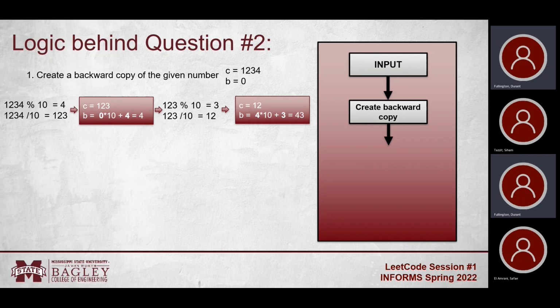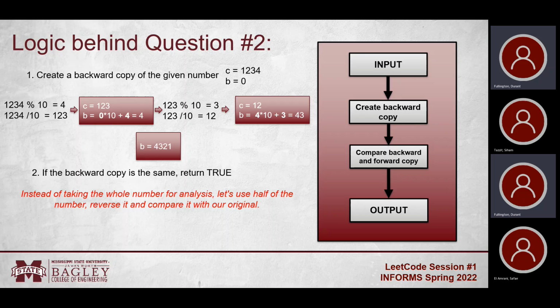Now you can slowly see that our backward copy should be 4, 3, 2, 1. When the original value becomes 0, your backward copy comes out as 4, 3, 2, 1. Now we can compare this backward copy to the original value, and if they are the same, we can return true.